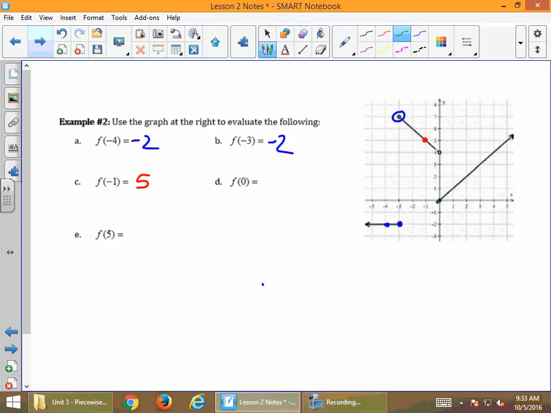Well, there's a closed point. There's an open point. Which value are you going to use? Open or closed? Closed, and the y value at the closed point is 0.